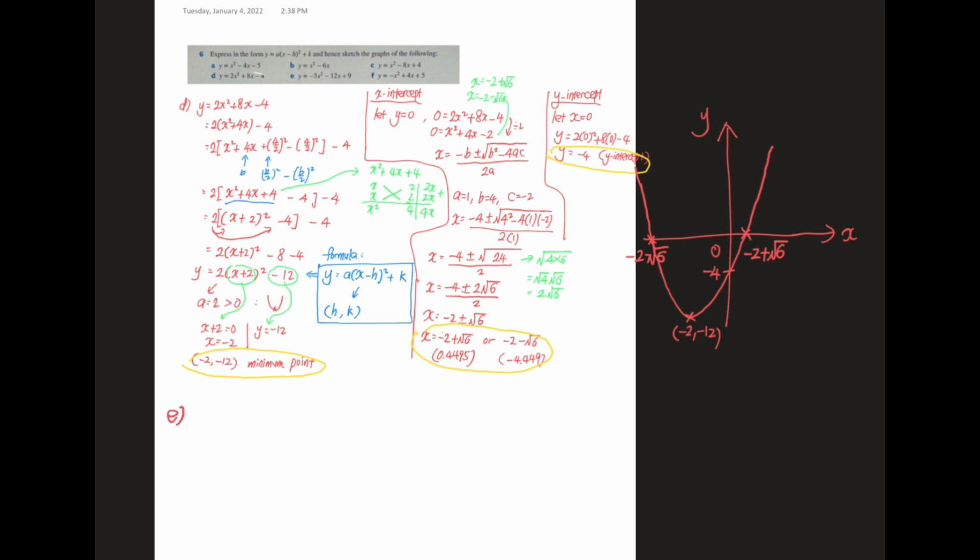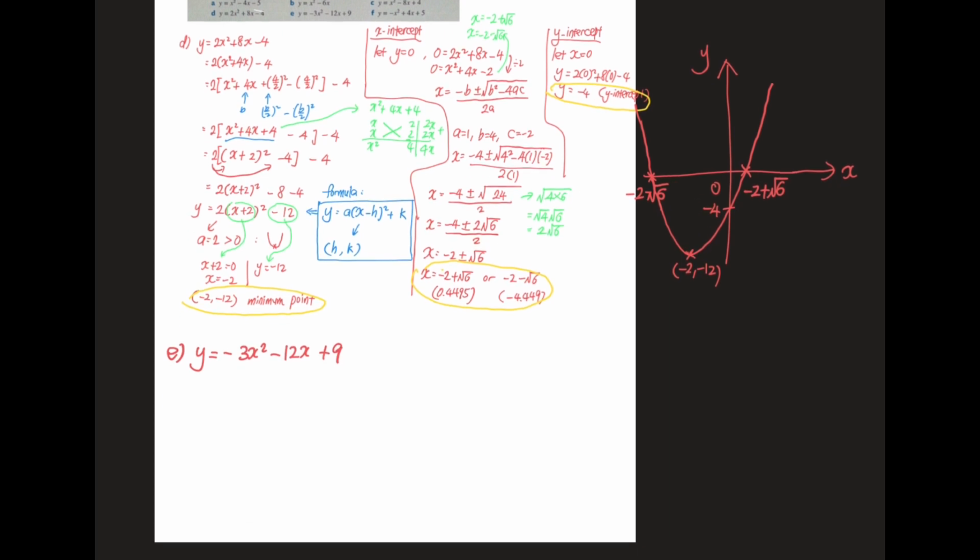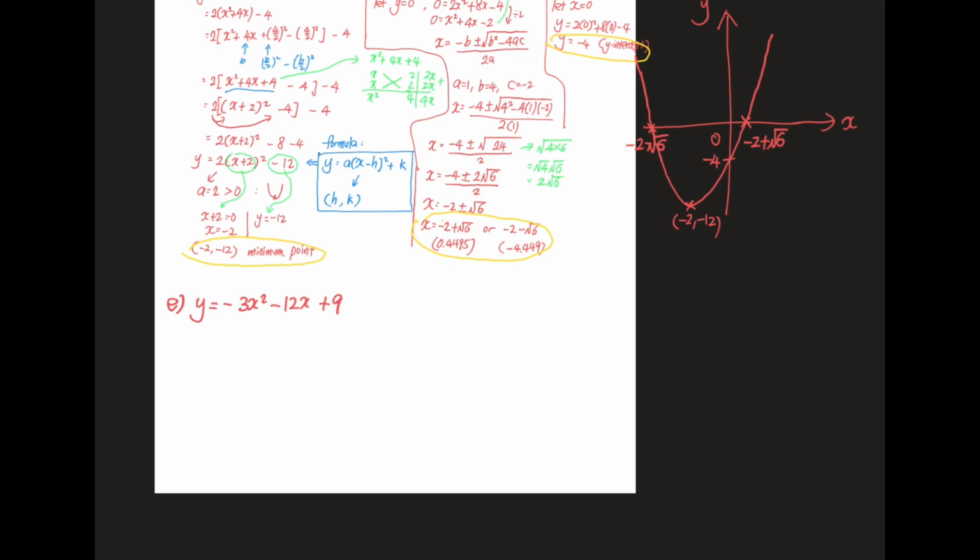Part E. Part E, y equals minus 3x squared minus 12x plus 9. Okay, so we start with completing the square. We have to factorize whatever number is in front of the x squared, so for this case, minus 3. We factorize minus 3.